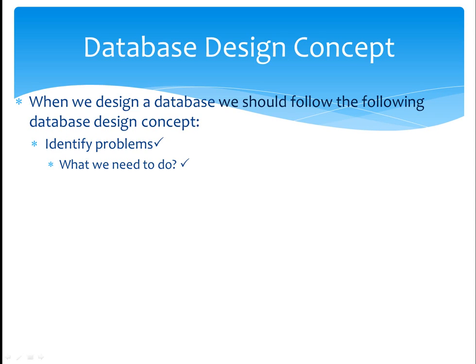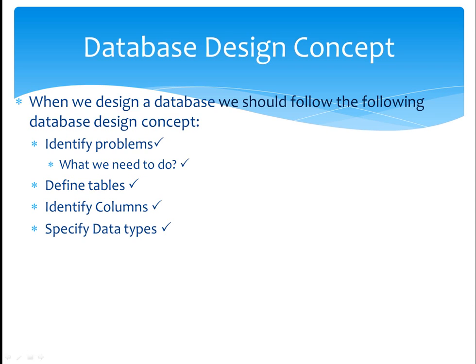In our scenario, designing a student registration system is the problem. Then we have to define tables. What tables do we need to define? And then we have to identify columns. What columns do we need in that table? And then we have to define data types. What data type do we need for the columns in our table?